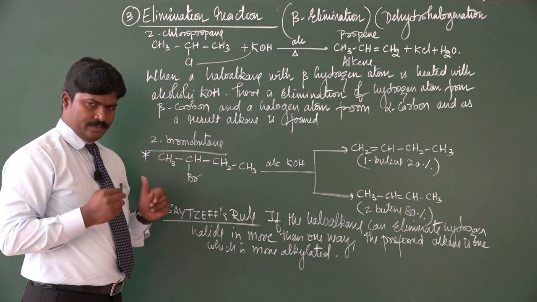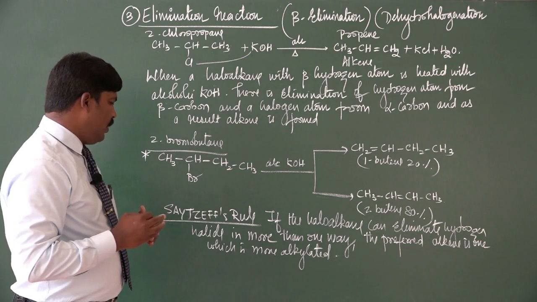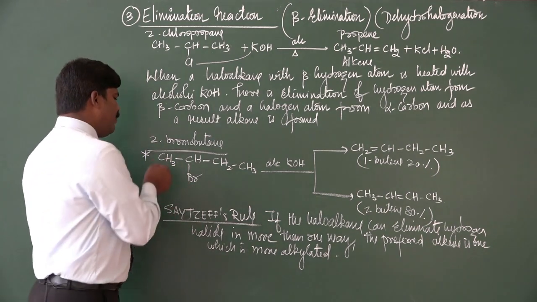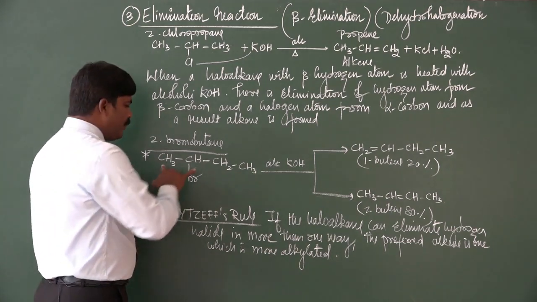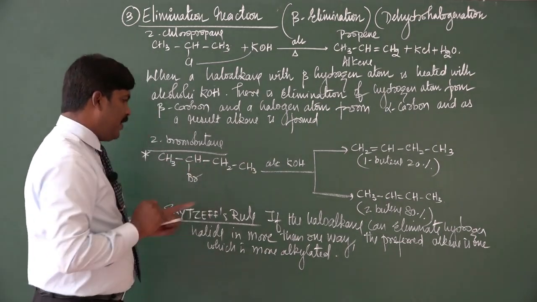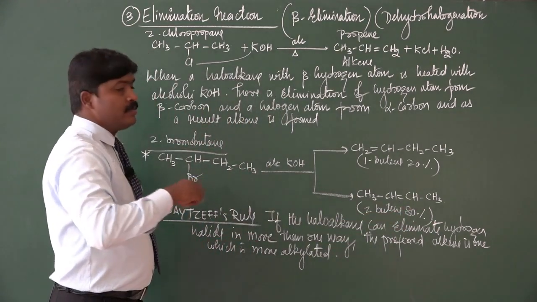He gives a rule. He says, if the alkyl halide can eliminate hydrogen in more than one way, I can remove hydrogen from the first carbon or from the third carbon. So, he says the preferred alkene is the one which is more alkylated.